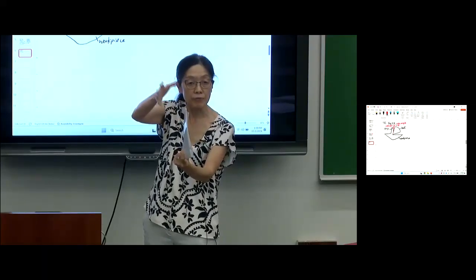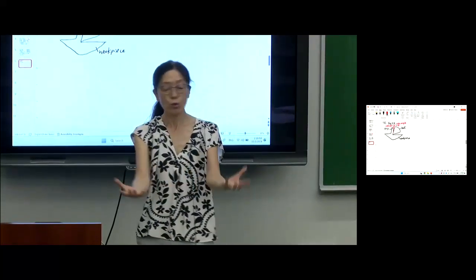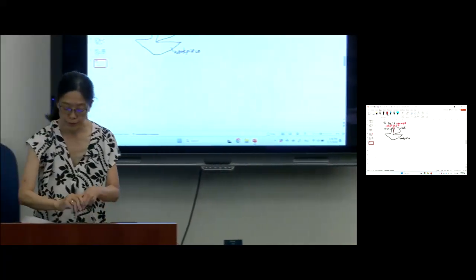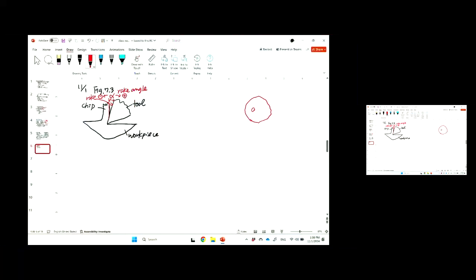So abrasive is always negative. It's like a lock, right? So lock case, always. So this is abrasive, because abrasive is like a lock, right? And then if you have a workpiece, in this case, this is depth of cut, right?